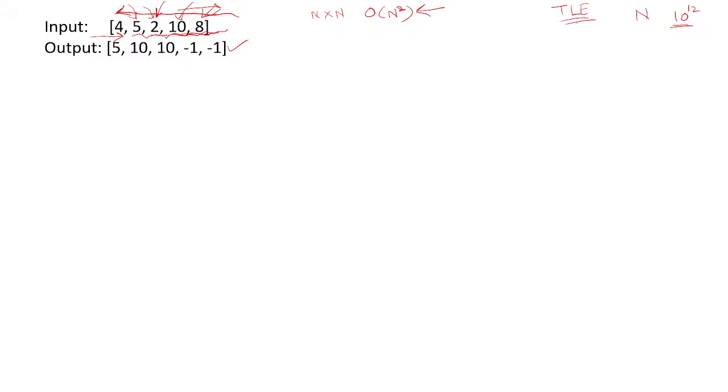So we need to write code which executes in order of n time complexity. If you can figure out such simple logic, it would be better. Then how do we write logic which runs in order of n time complexity?